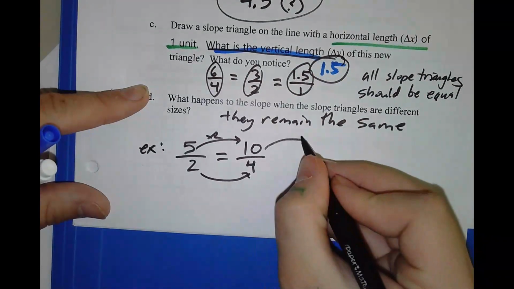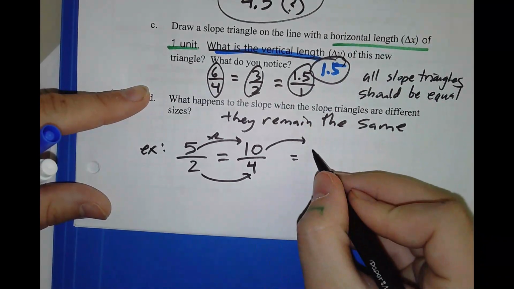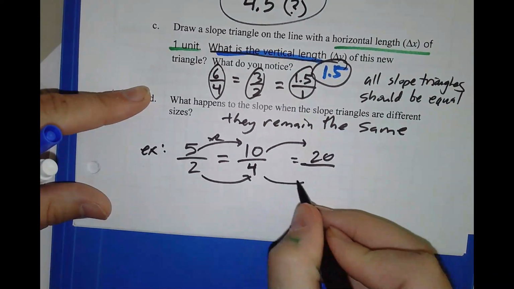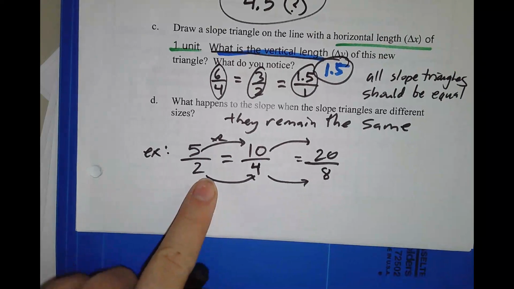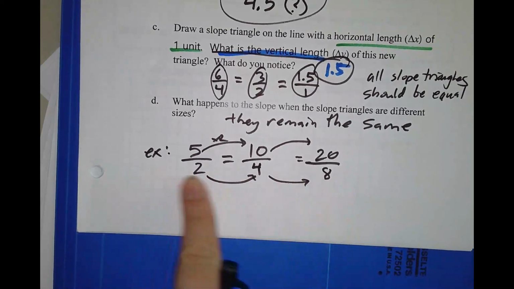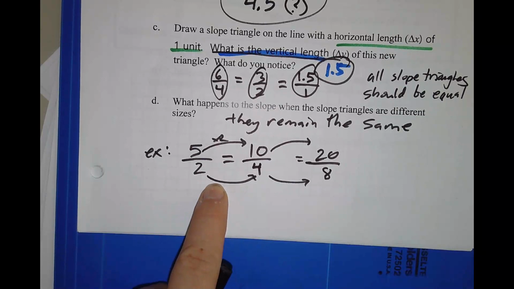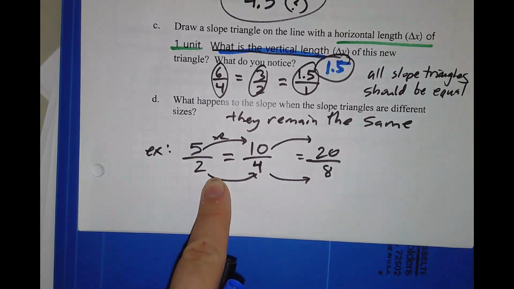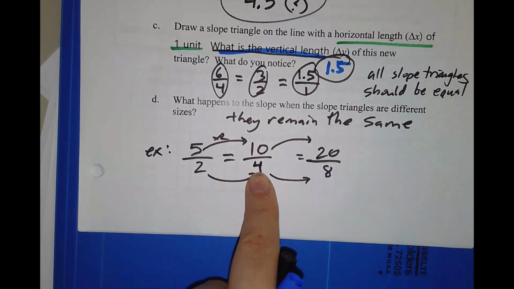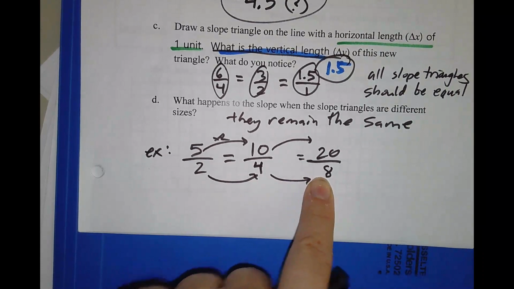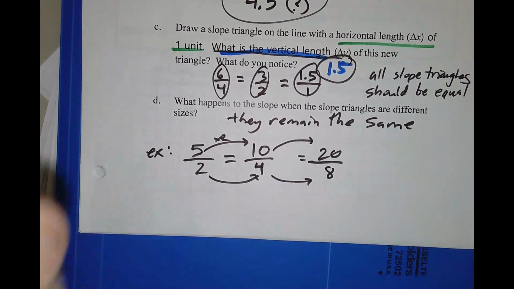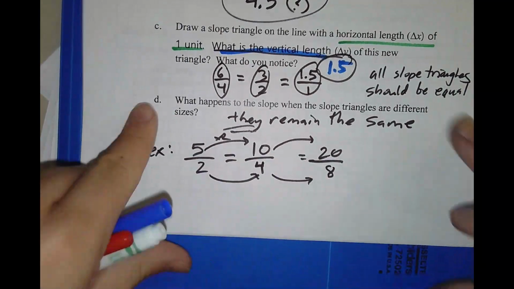If this was double again, to be 20, what would be in the bottom? 8, right? Because all these fractions should be the same. What is 5 divided by 2? The answer is 2.5. What is 10 divided by 4? It's 2.5. 20 divided by 8. The answer is 2.5. So as you can see, the slopes remain the same.